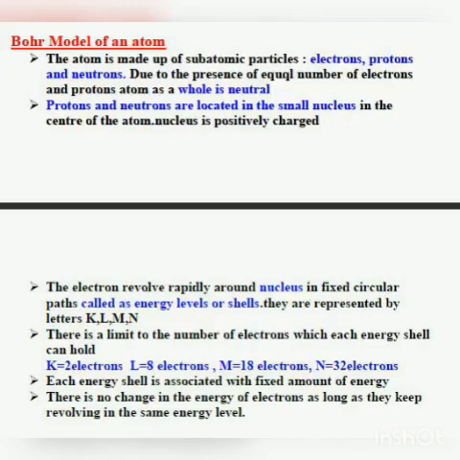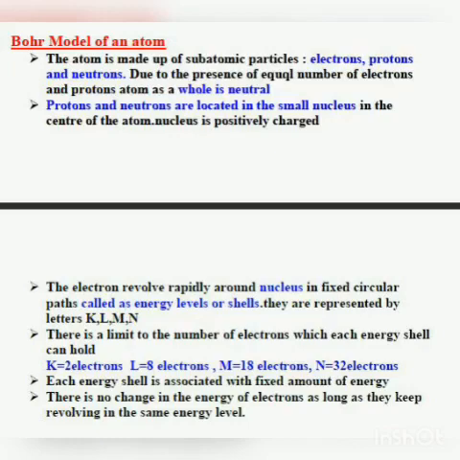Let us say there are 6 protons, 8 neutrons, and 6 electrons. So the nucleus will have plus 6 charge, and the 6 electrons give minus 6. So minus 6 and plus 6 cancel each other, and as a whole the atom will be neutral.